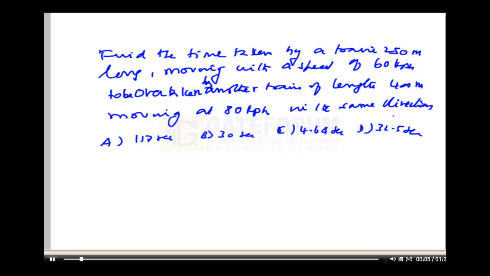A train 250 meters long, moving with the speed of 60 kilometers per hour, is to be overtaken by another train of length 400 meters moving at a speed of 80 kilometers per hour in the same direction.